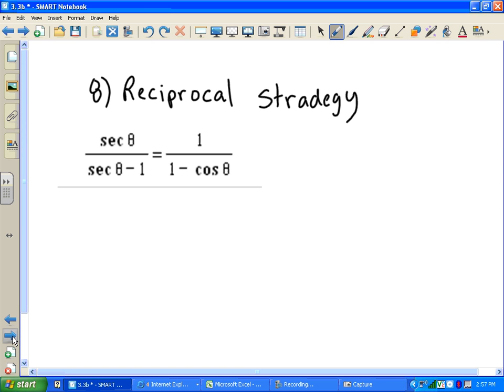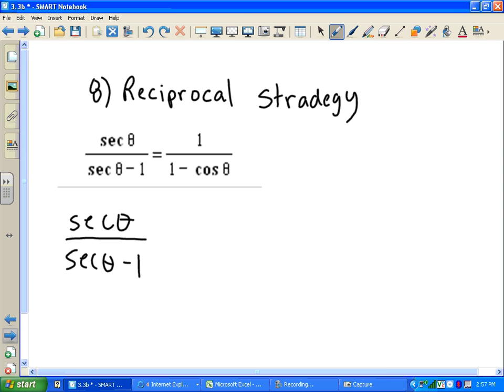Okay, now let's take the same idea with this problem. If I had my choice, I would not do this problem this way, but we're kind of forced to do it the way the multiple choice answer has done it. So we've got secant theta over secant theta minus 1, and supposedly somehow this is going to end up being 1 over 1 minus cosine theta.